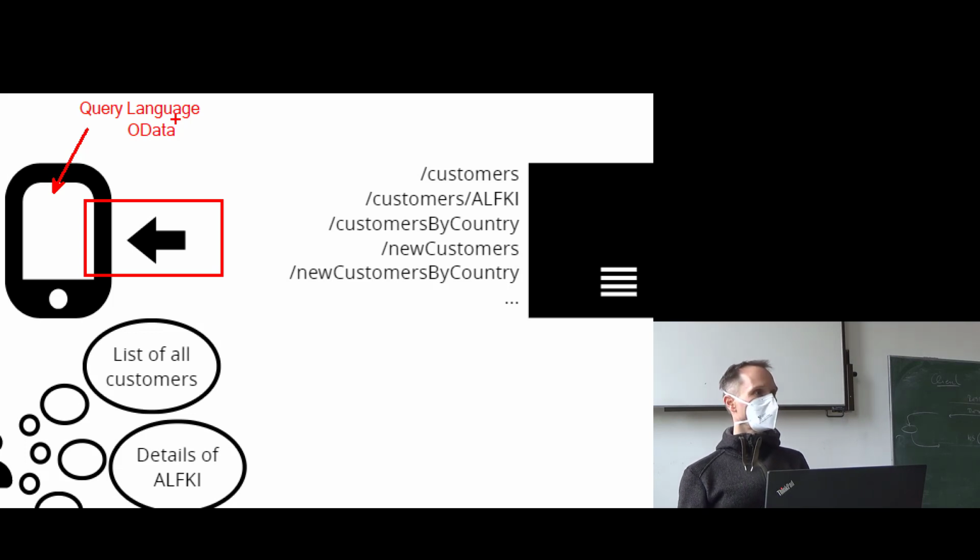There is a different player out there in the market who has exactly the same problem, and this player has invented its own version of a query language from the client to the server, and this query language is called GraphQL. Anybody heard of GraphQL before? Yeah. Do you know who invented it, or who is behind GraphQL?